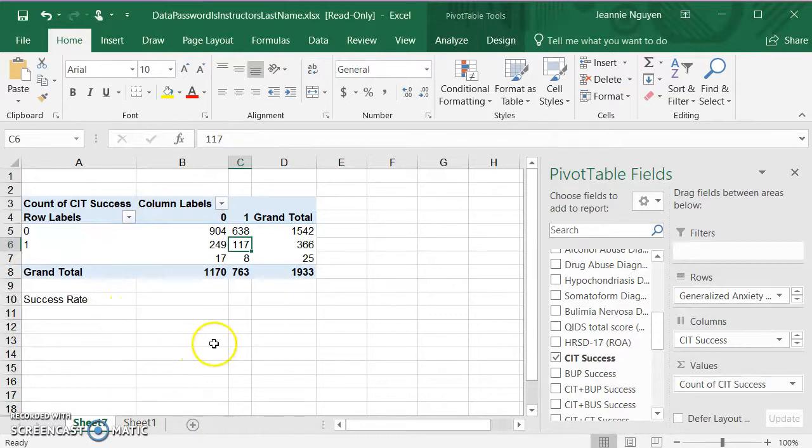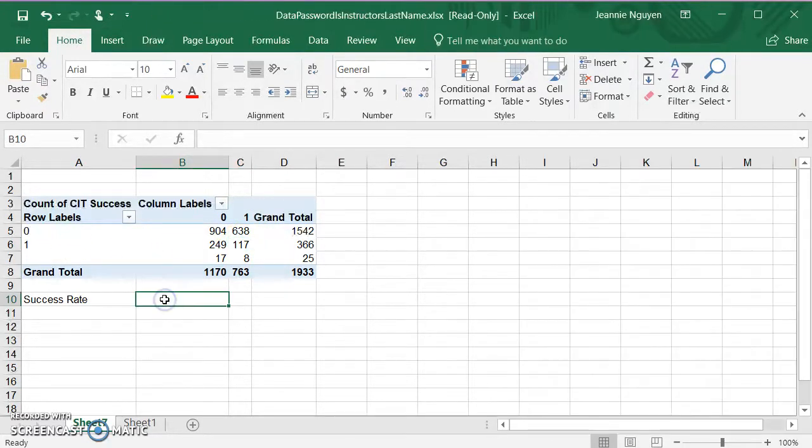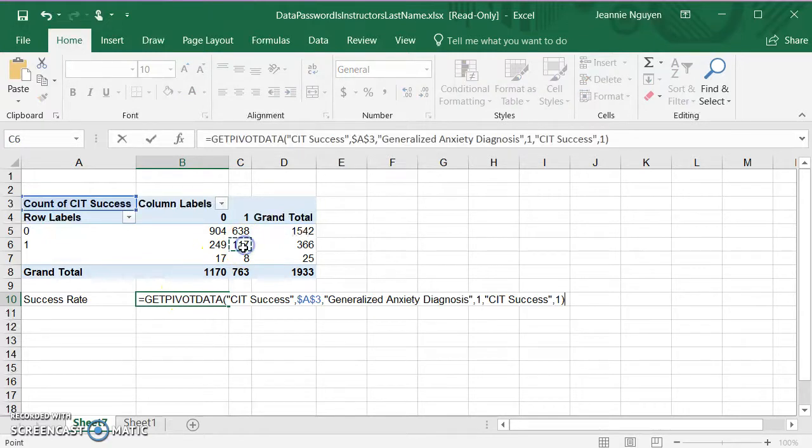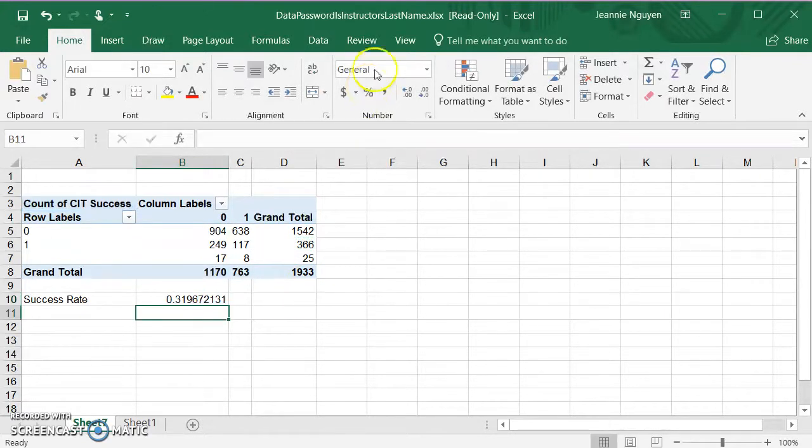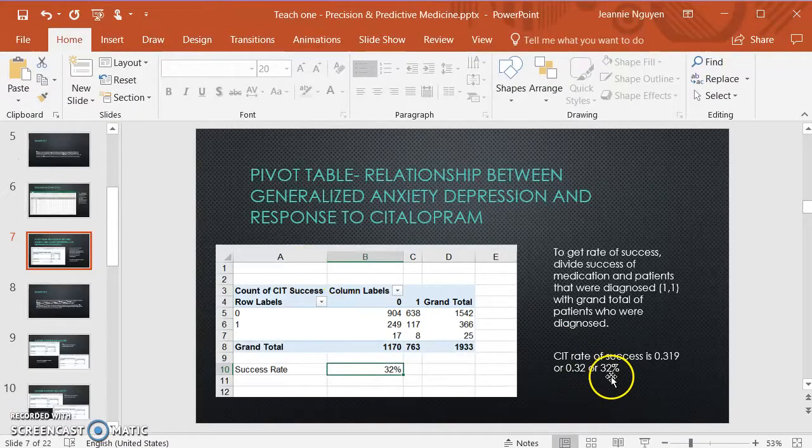To find the success rate, we're going to take the success of the medication on the patients who have been diagnosed, which is 117. So it will be equals, click on the cell, divide by the total number of success, and press enter. So the success rate for CIT is 0.319 or 32%.